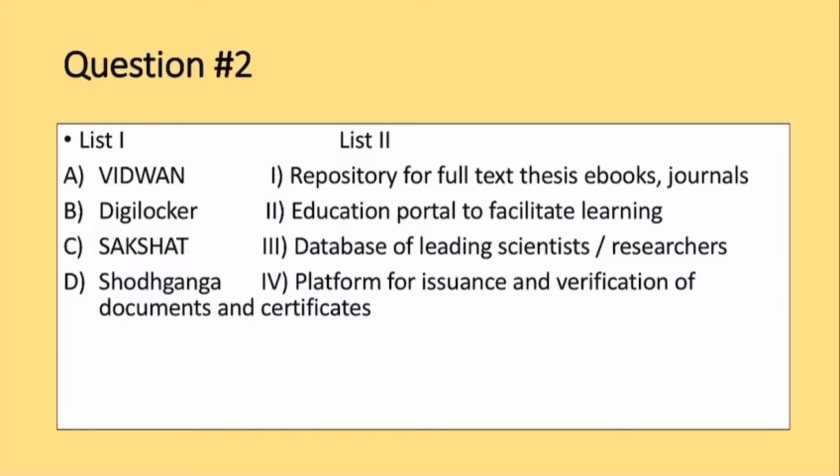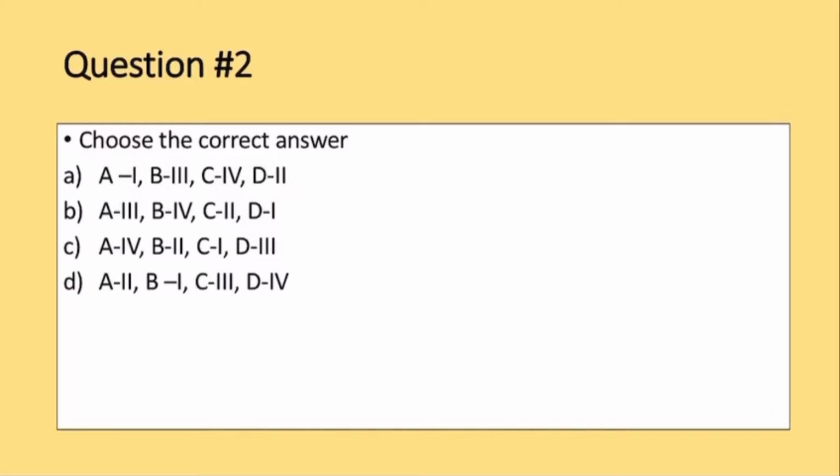So A matches with 3. DigiLocker is for documents and certificates. So B 4. Sakshat is an online education portal. So C 2 and D 1. So A 3, B 4, C 2, D 1. B is the right answer for this question.